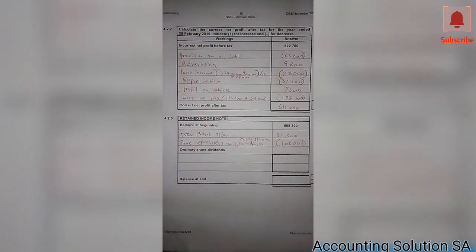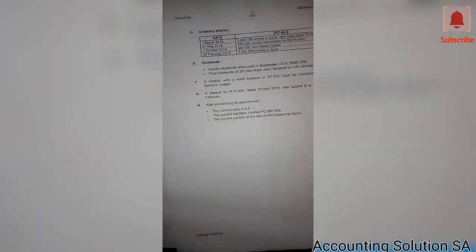It's the difference between the worth of the share and the amount that we used to repurchase those shares. Then you have to deduct that amount. It reduces the value of retained earnings. Okay, then let's proceed.